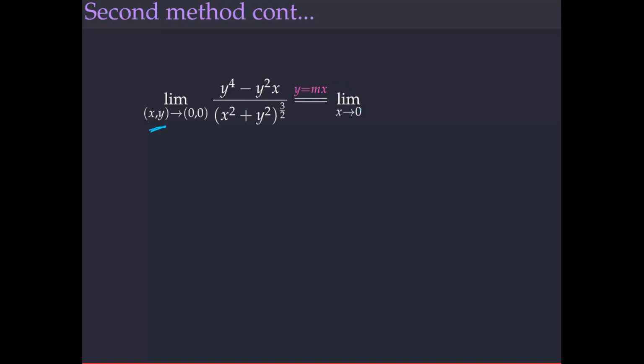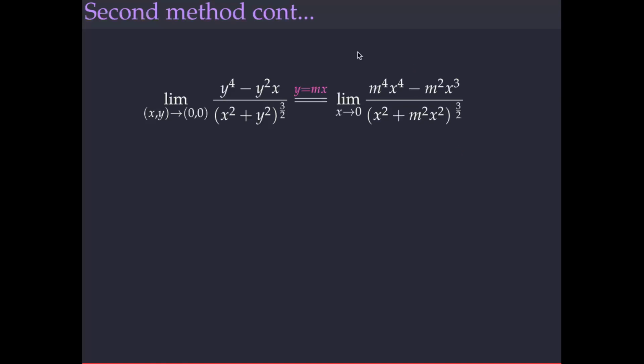So this limit changes to the limit as x tends to 0, and instead of y to the 4, I'll be writing m to the power 4 x to the power 4, minus y square, which is m square x square, times x, which is x cube, and here x square plus y square will be this thing.